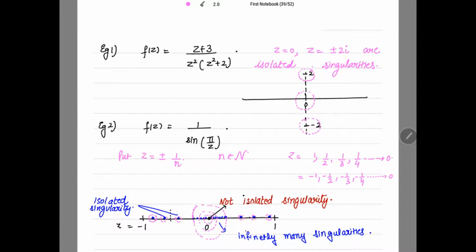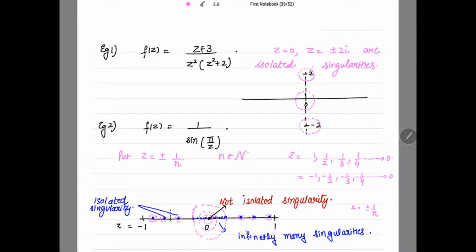If I make any neighborhood of 0, then an infinite number of singularities exist in this neighborhood. Why? Because plus minus 1 by n is tending to 0, very close to 0. Your singularity is plus minus 1 by n. So if you choose any very small radius of the neighborhood of 0, then also singularities fall in the neighborhood of 0.